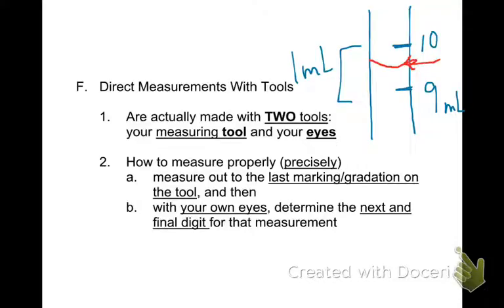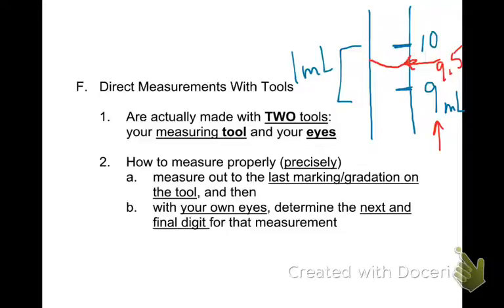So our eyes would read this to be around 9.5 milliliters. So we measured out to the smallest gradation, the last gradation, which would be the 9, and then our eyes took it out to a further digit. We said, yep, that's around 9.5. That's how to properly take measurements.